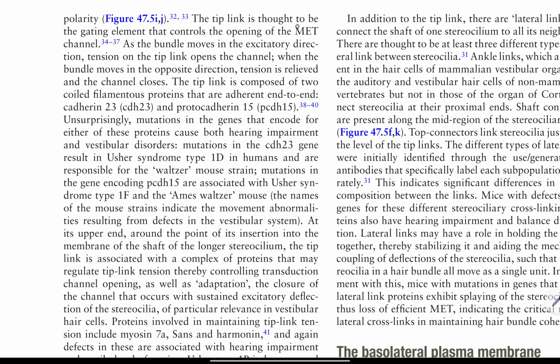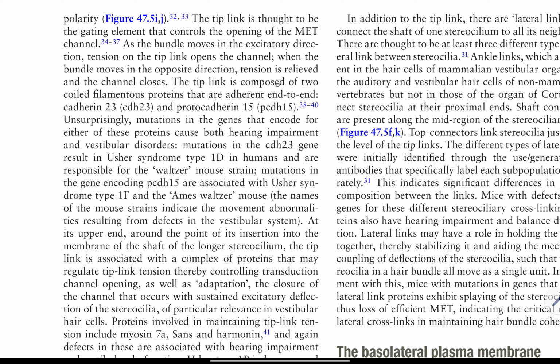The tip link is thought to be the gating element that controls the opening of the MET channel. As the bundle moves in the excitatory direction, tension on the tip link opens the channel. When the bundle moves in the opposite direction, tension is relieved and the channel closes.